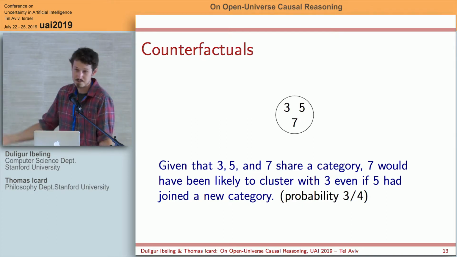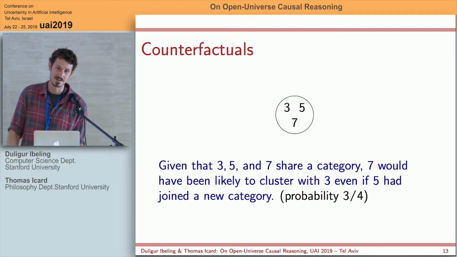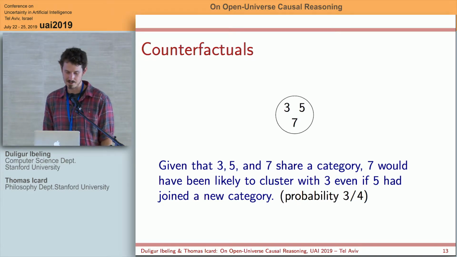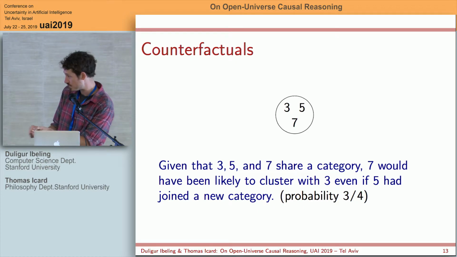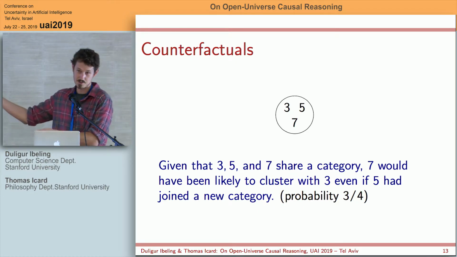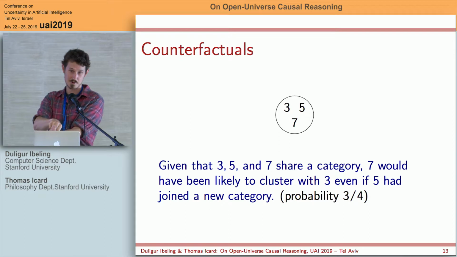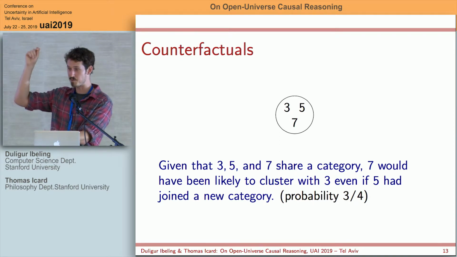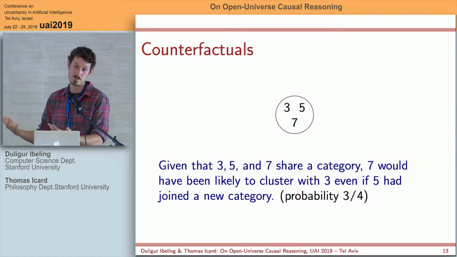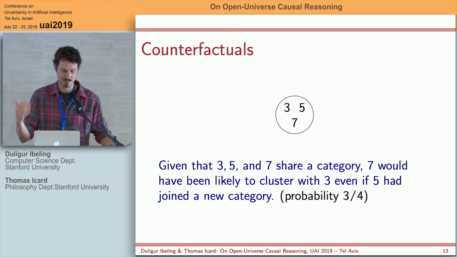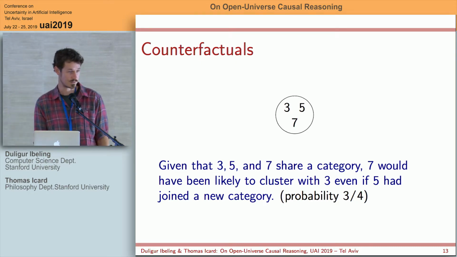So we can actually compute that and say what the probability would have been, even given this partial knowledge. So what I'm essentially doing is conditioning on this observation and then going back and intervening in the program and then running the program forward and letting that determine the probability of, in this case, 7 joining the same category as 3.